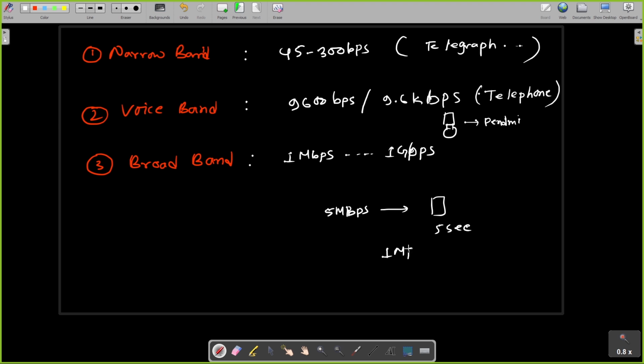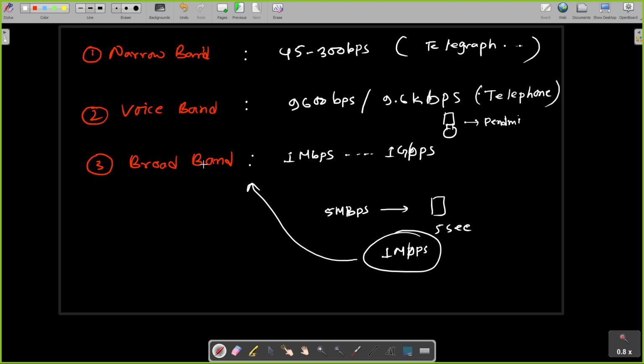That means the speed is 1 Mbps. This speed is called the broadband speed, because broadband speed starts from 1 Mbps and goes up to 1 Gbps.